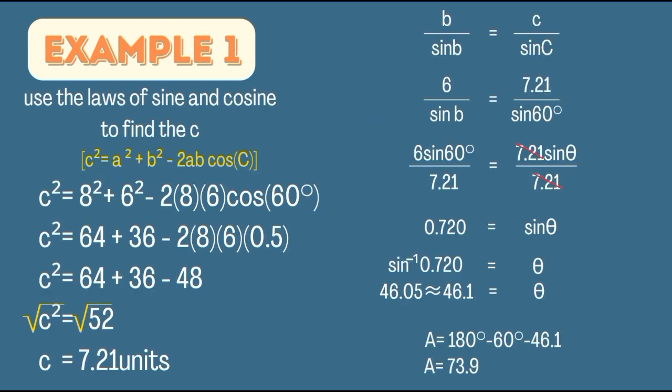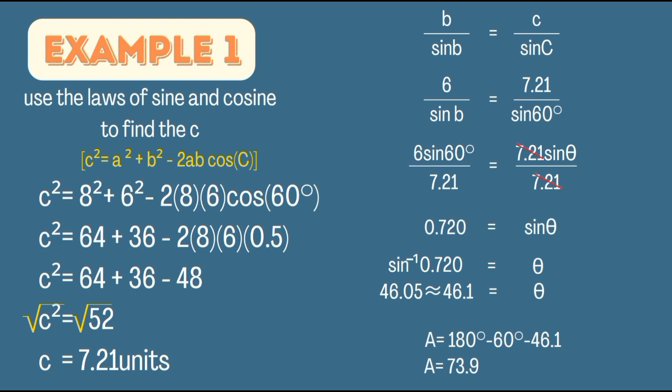We must use the butterfly method. So 6 sin 60 degrees over 7.21, cancelling 7.21 both under and over, so the sin theta will remain.